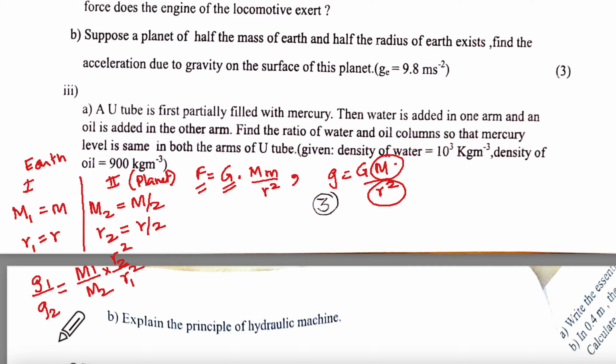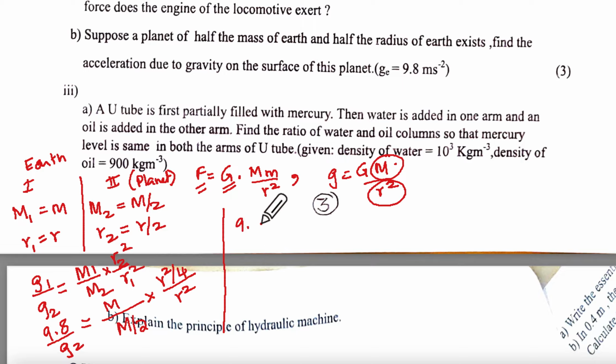Okay, so g1 is 9.8 and g2 you have to find will be equal to M upon M upon 2 into R2 square, which is R square upon 4, upon R square.